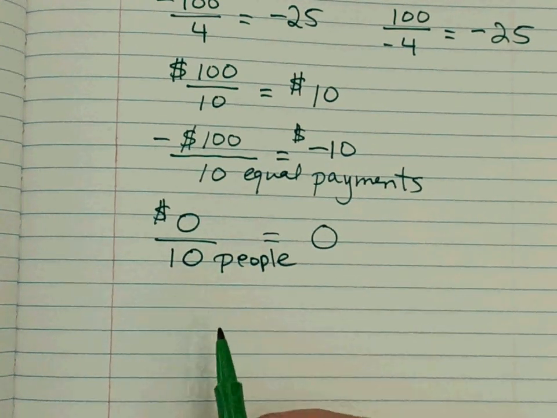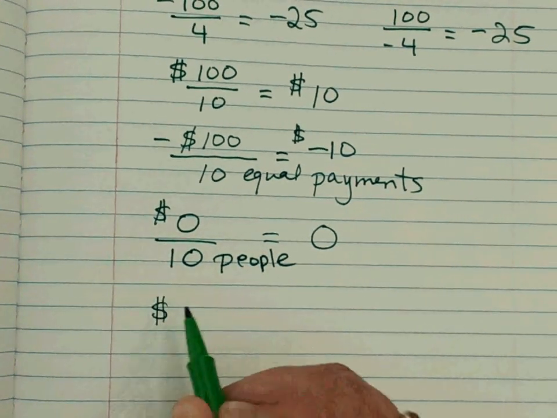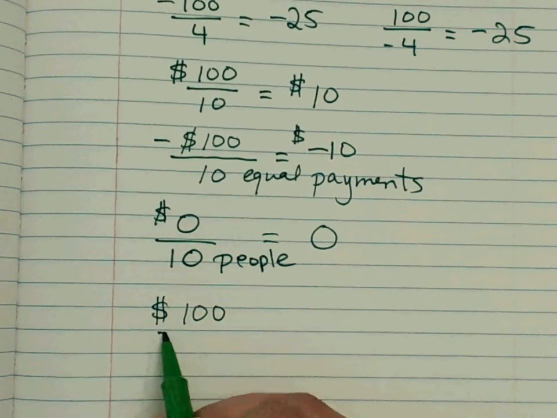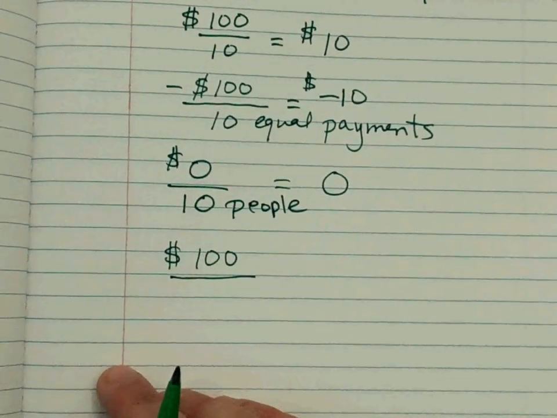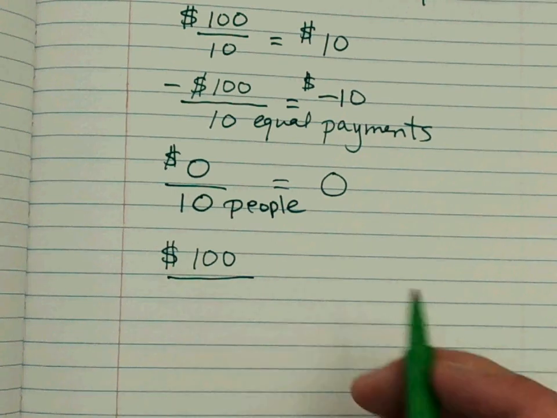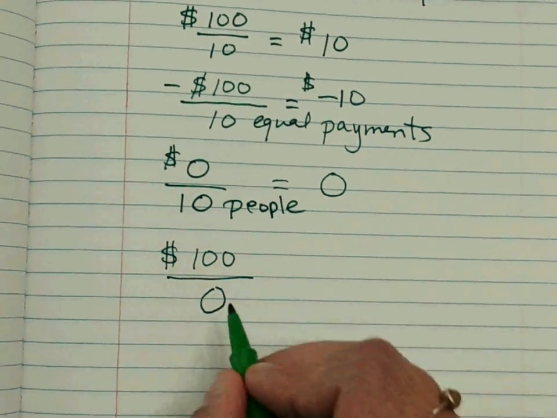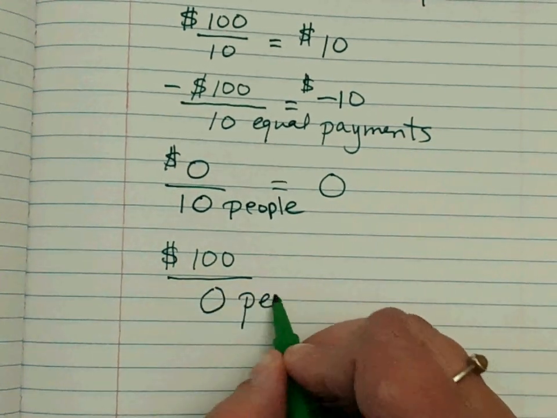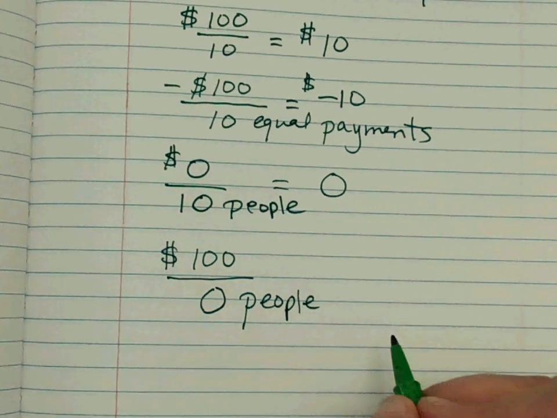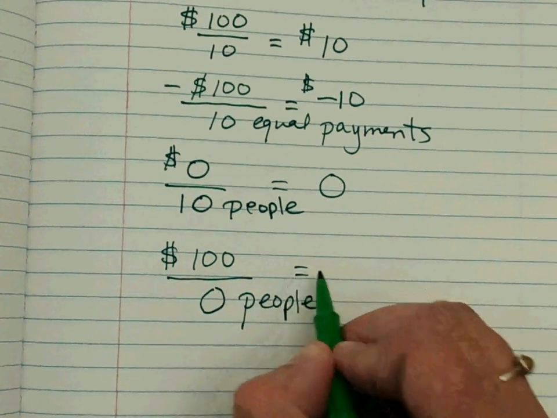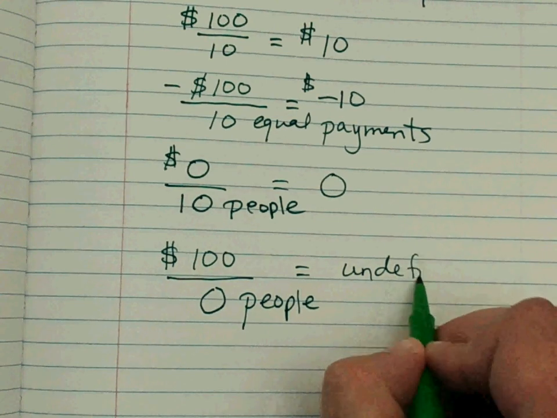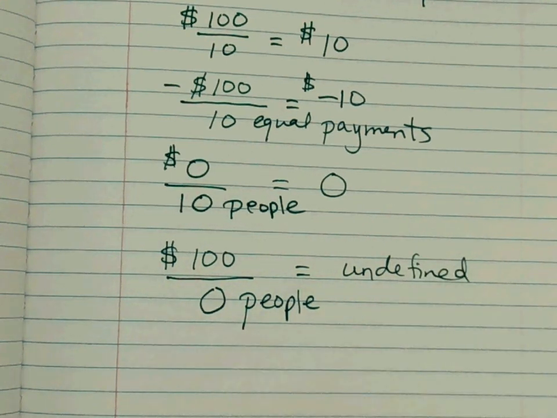But the denominator, what would happen if I had that same $100 and now I left it in the room, no one claims it, it's divided by 0 people. How much does each person get? It's actually what we call undefined. Because here's the thing, when $100 is in the room, someone's going to claim it.